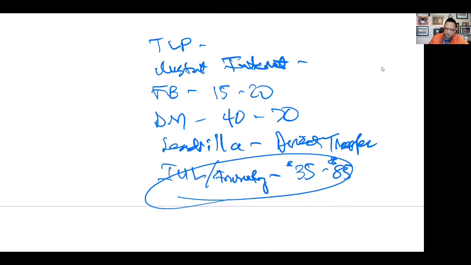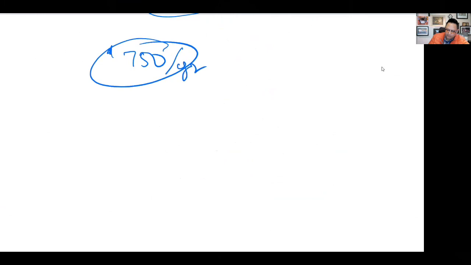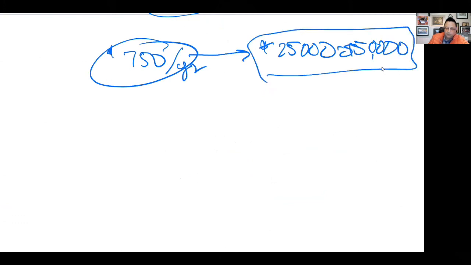And then with some of the other things that we're doing with estate planning and tax strategy planning, remember I said our average annual premium is about $750 on all those other things. The idea is to get to the $25,000 to $50,000 per year IULs, which we are doing through the other things that we're doing.